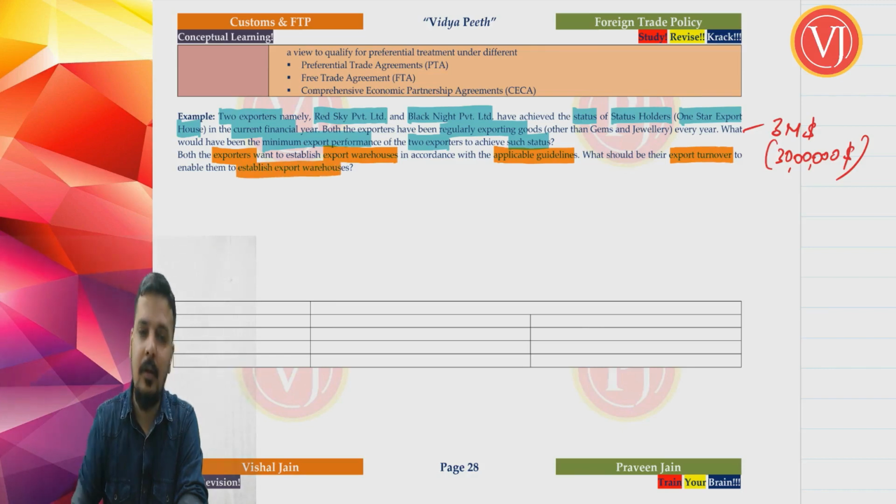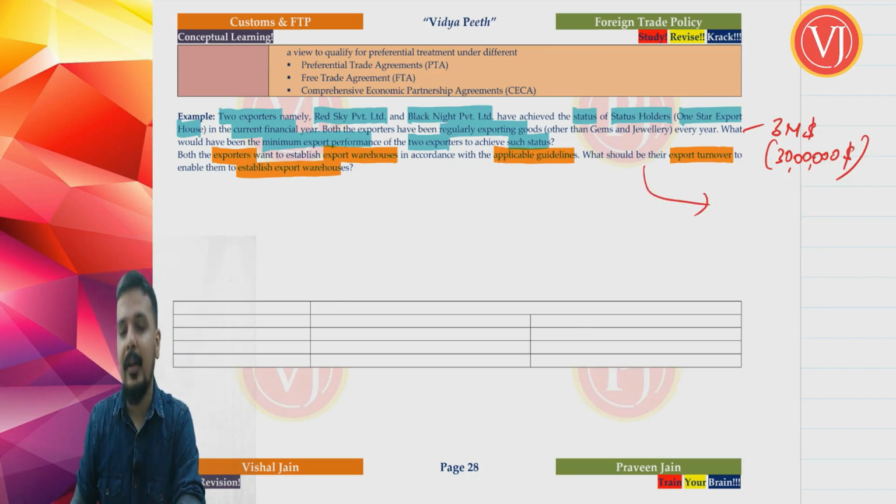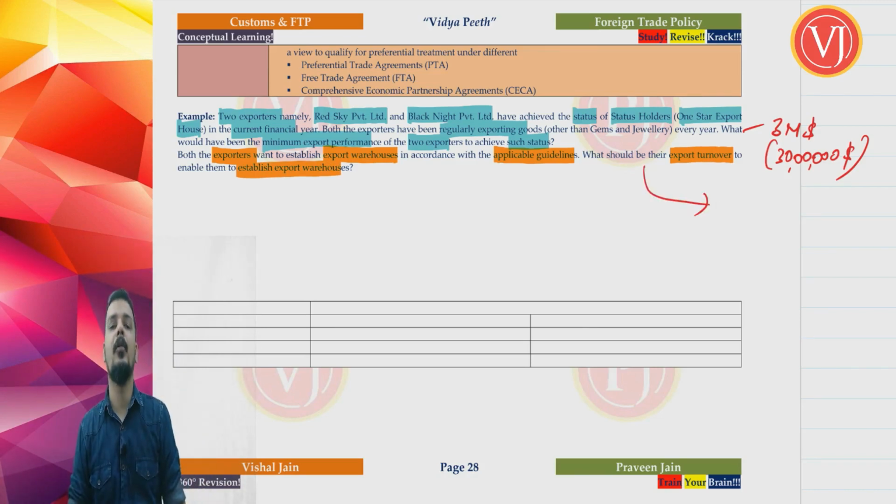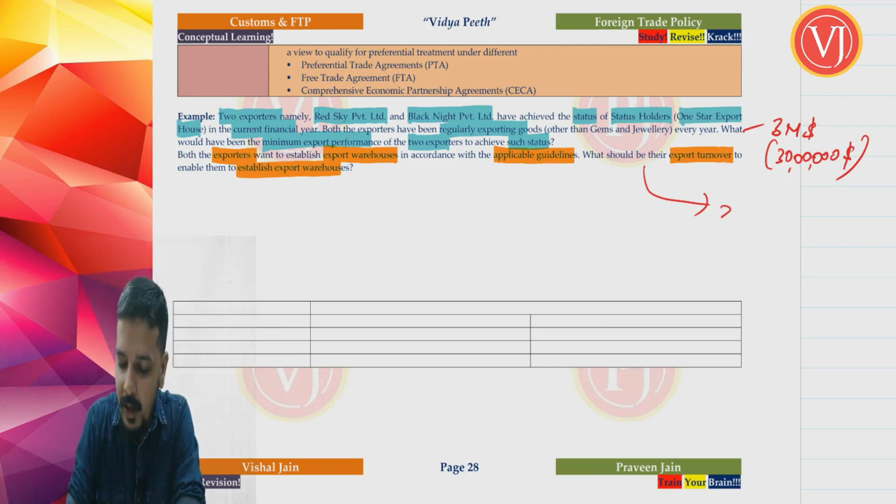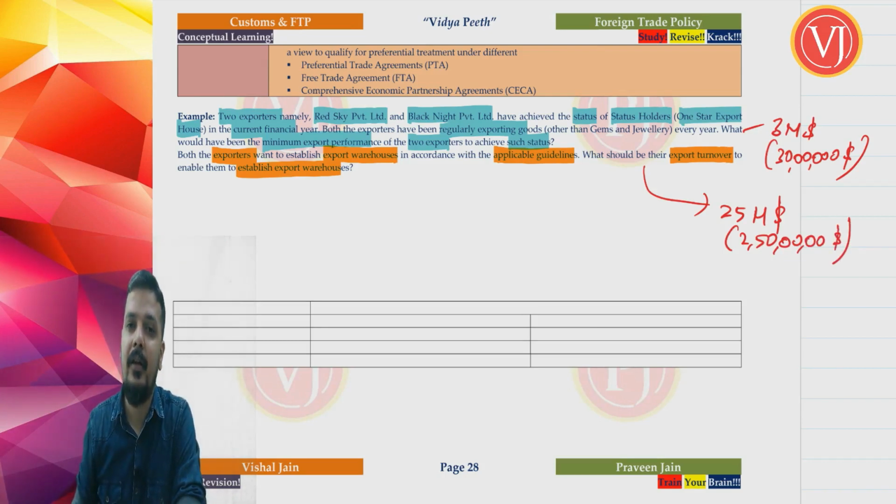This is the way questions are asked. An export warehouse can be opened only by the 2-star, 3-star, 4-star or 5-star category. So they should achieve 25 million US dollars, that is 2 crores 50 lakhs US dollars.